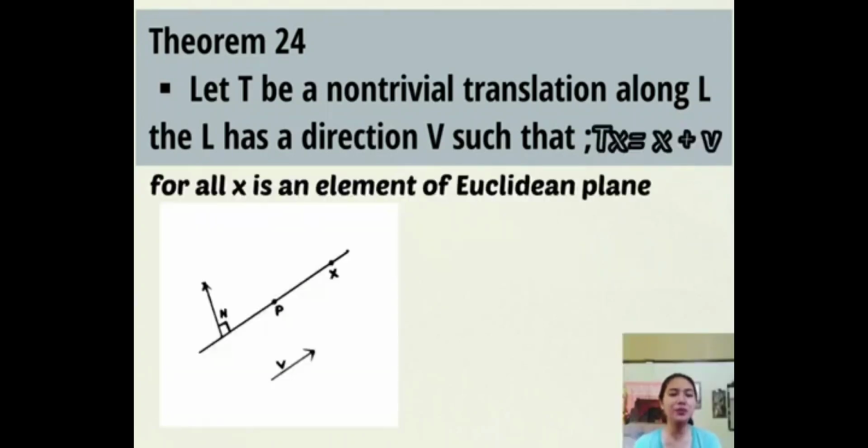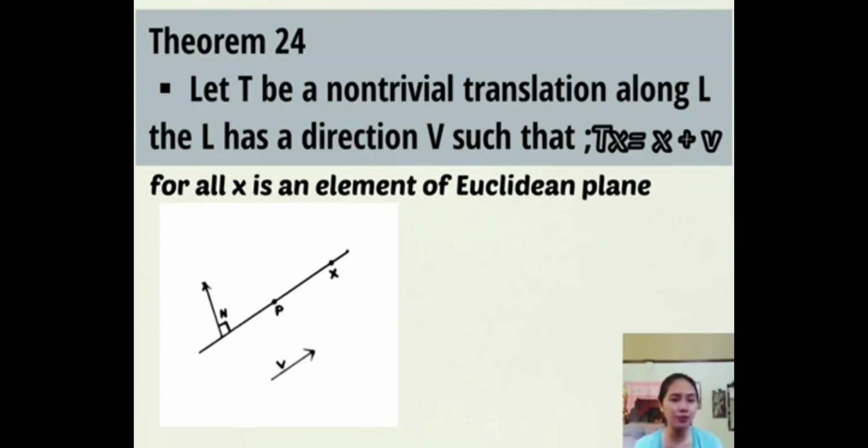Meaning, if V is a non-zero vector and L is any line in the direction of vector V, then the transformation along the line is a translation.